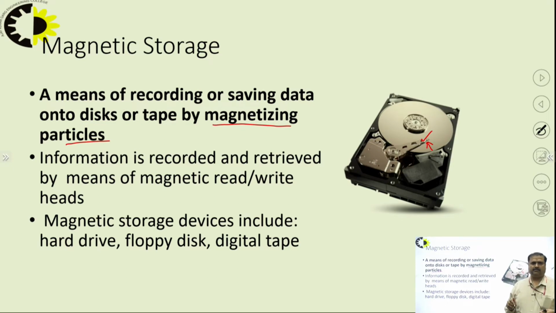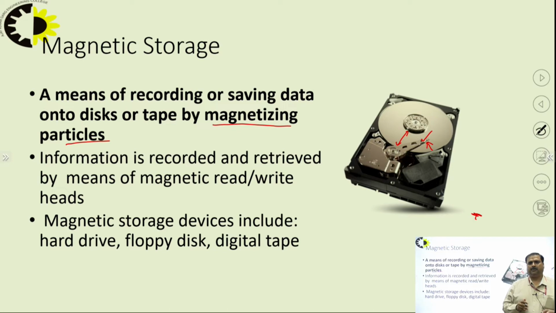So information is retrieved using this electromechanical kind of device, where a mechanical part is also working. The disk rotates at a very high speed, and these heads read data on different tracks.